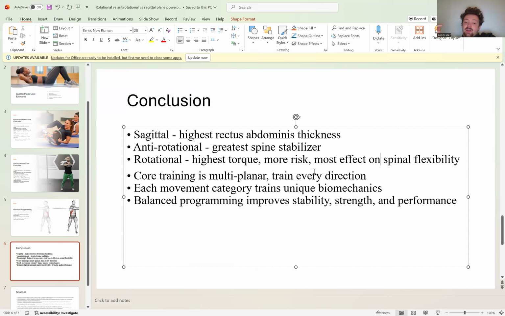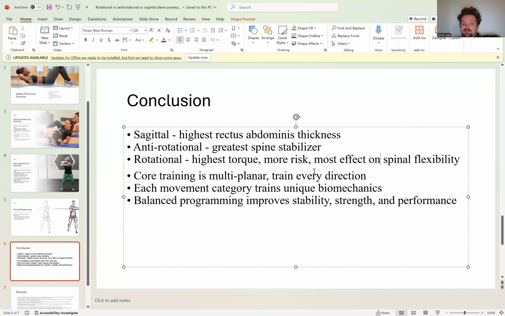Each movement category trains unique biomechanics. An example of that would be the movement arm being so much longer in something like a Pallof press, where the load is away from your body, as opposed to the crunches, where the load is literally inches away from your center of gravity, or your abdomen in this case.